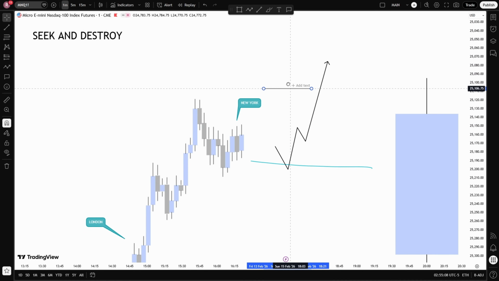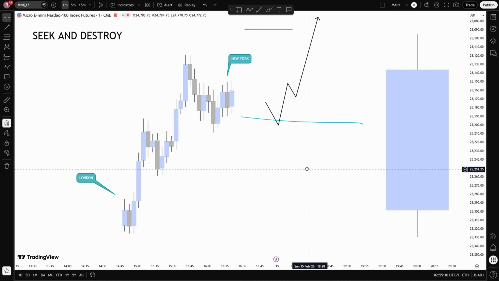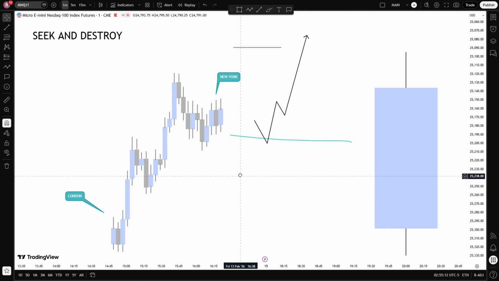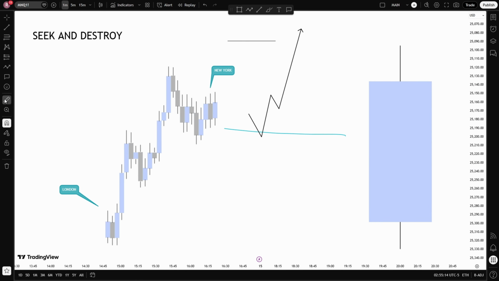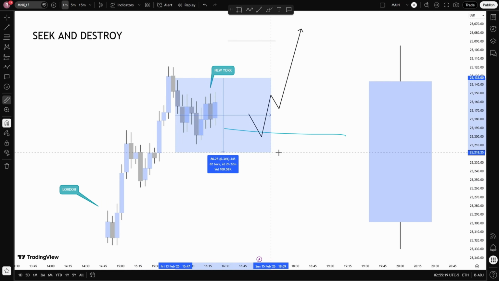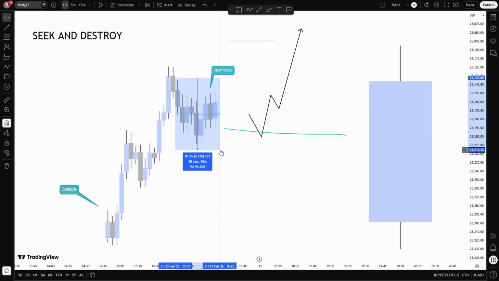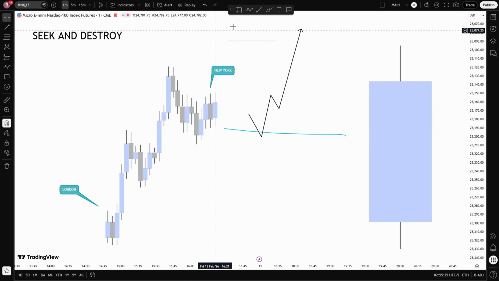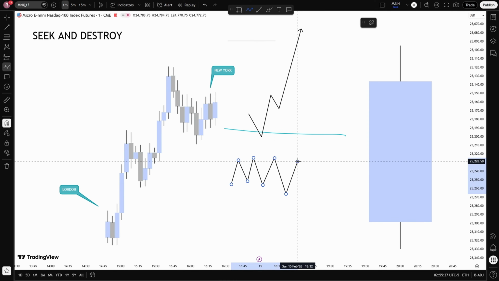When that happens, I don't have high expectations for New York to create another large expansion. If most of the daily range has already been built during London, the probability of New York delivering another strong move decreases significantly. Instead, what often happens is price starts to consolidate during New York. This creates low probability conditions for expansion trades.